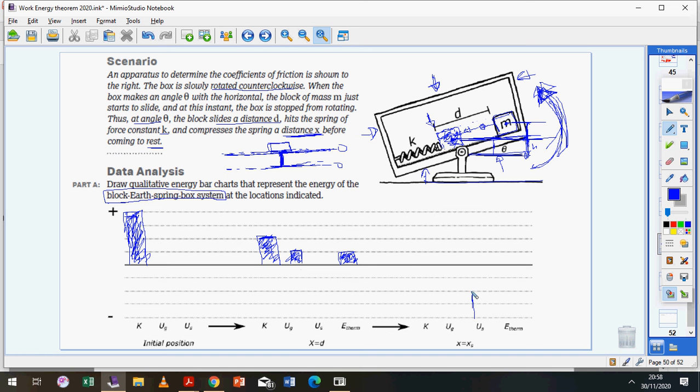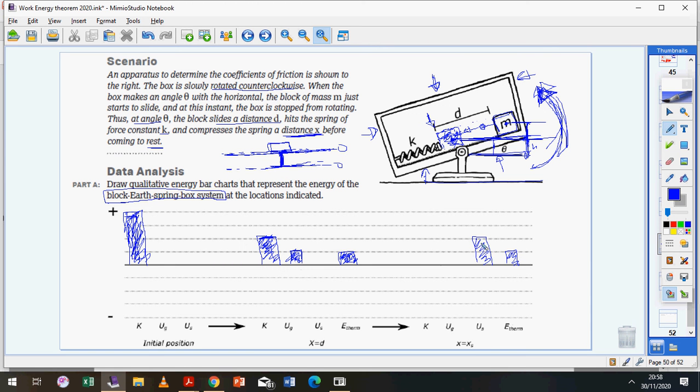Since friction has been doing work even up to that position, I'm going to have some thermal energy because that's accounting for friction. So I have thermal, I have elastic, so those are 3 blocks.